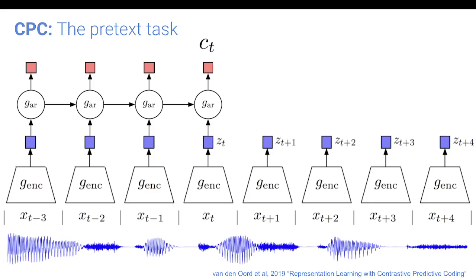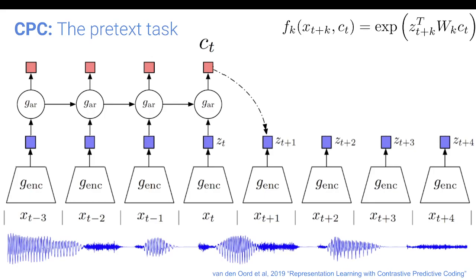The pretext task for CPC is to bring the contextual representation CT and nearby frames at T+1 closer together while pushing away representations that are farther away in the signal or sampled randomly from the mini batch.